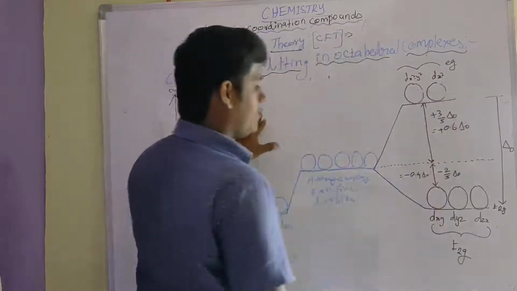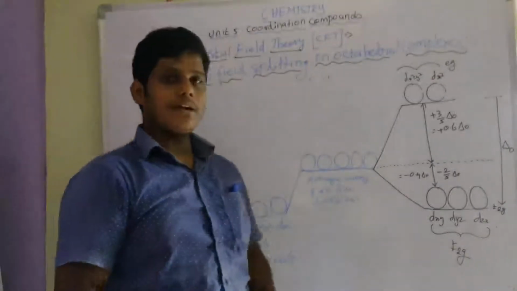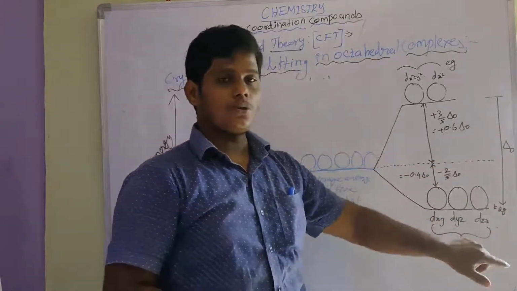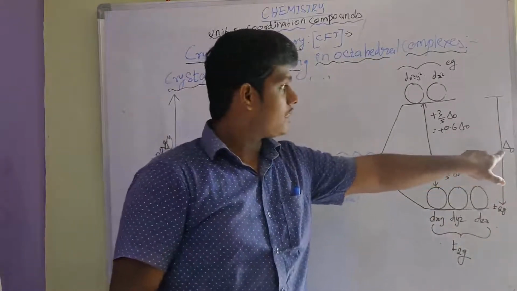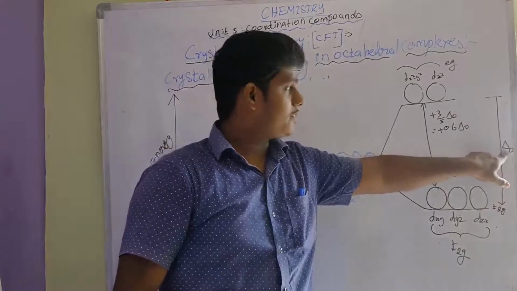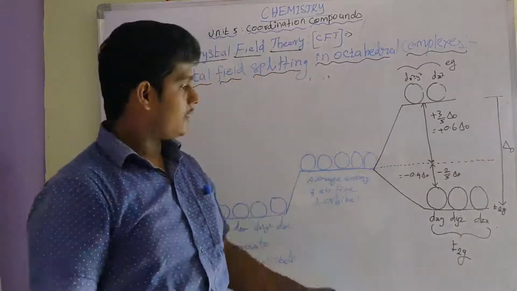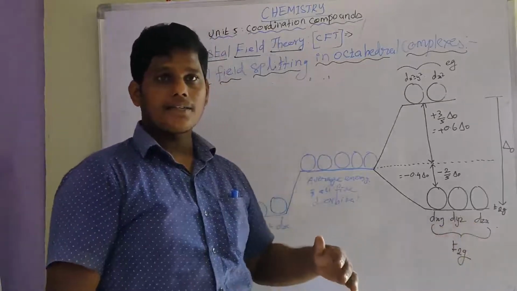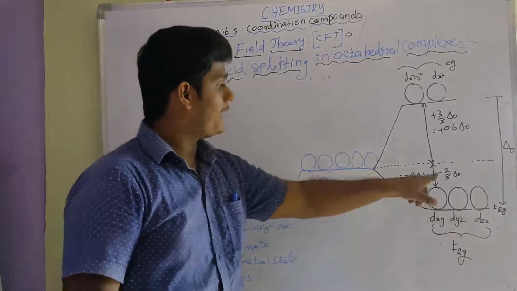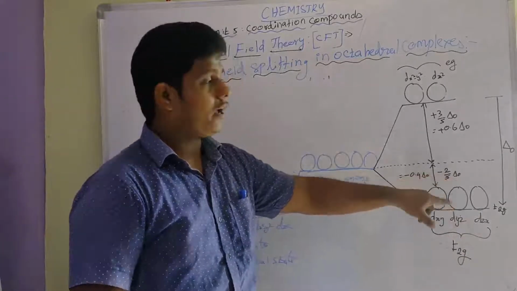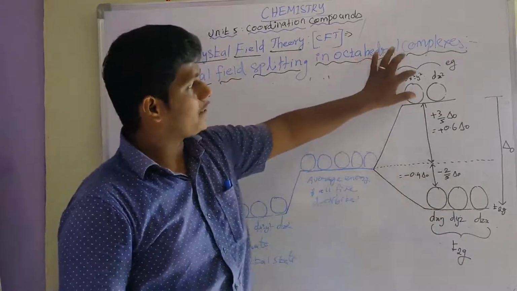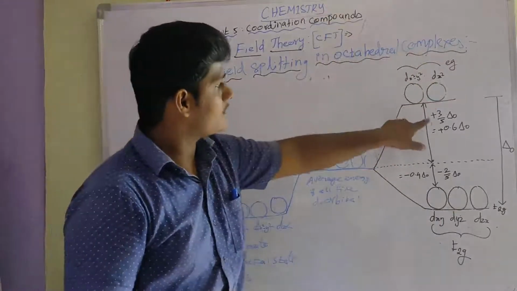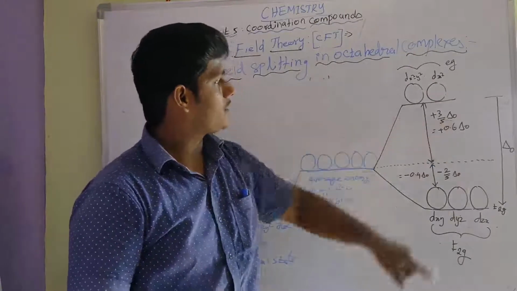That is the splitting of the d orbitals in octahedral complex. So the total energy scale is delta naught, the crystal field splitting energy in octahedral complex.